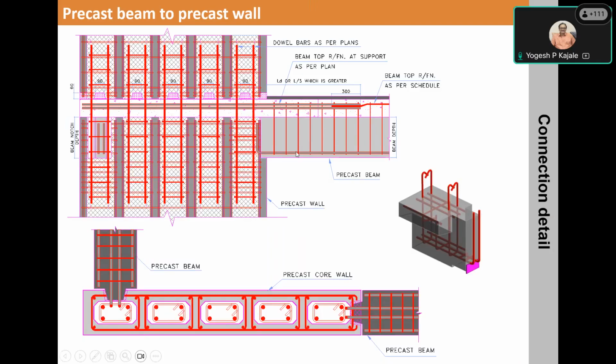The beam elements have the bottom reinforcement projected out from the precast beam. The links are projecting out above the beam, and the top reinforcement is tied at the top level through these rings. So this is how the jointing happens.